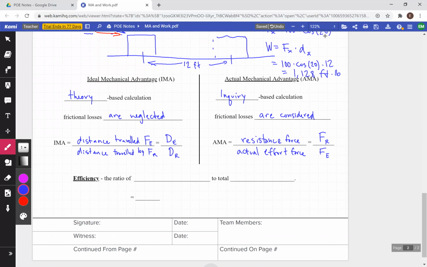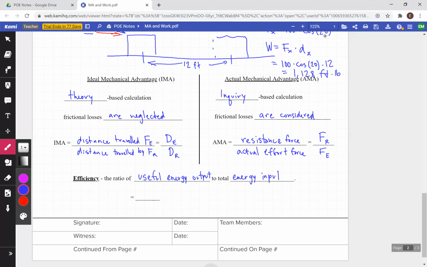And then the last thing that we want to look at is efficiency. Efficiency is a way that engineers can see how much energy they are getting back from their system, okay? So how effective is it at converting energy? So efficiency is the ratio of useful energy output to the total energy input.